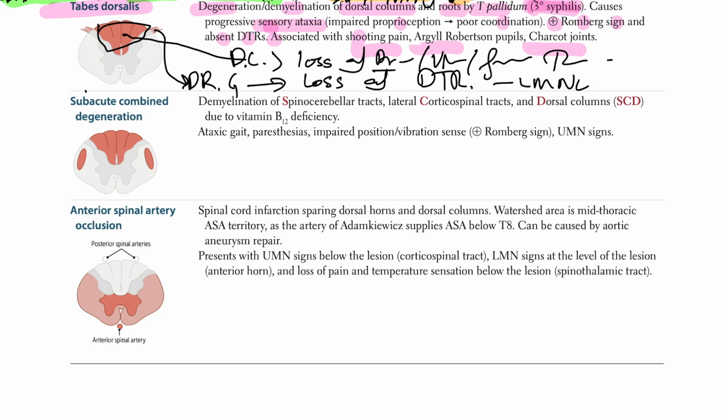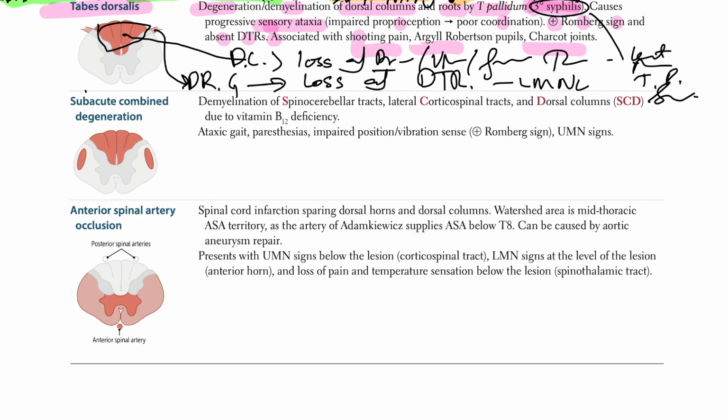Loss means areflexia, right? So with tabes dorsalis, it's a late manifestation of tertiary syphilis, which is also known as neurosyphilis, which causes progressive degeneration caused by T. pallidum, which is a spirochete.